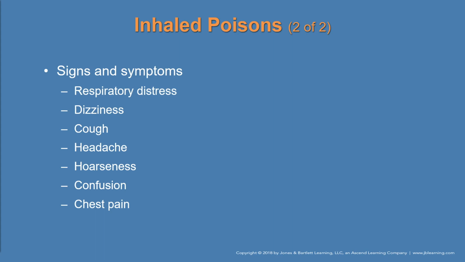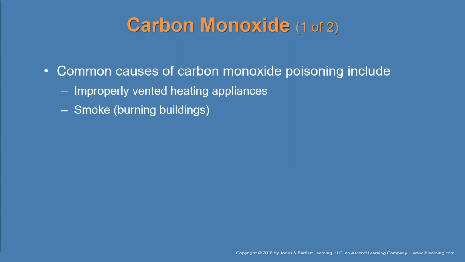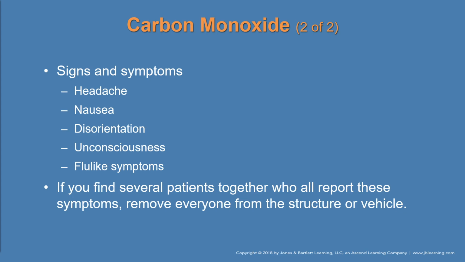So dizziness, headache, confusion, all sorts of stuff. And so carbon monoxide specifically is pretty insidious because it takes the place of oxygen in the blood. And so the antidote for this is oxygen, right? So all of these signs and symptoms, very familiar.